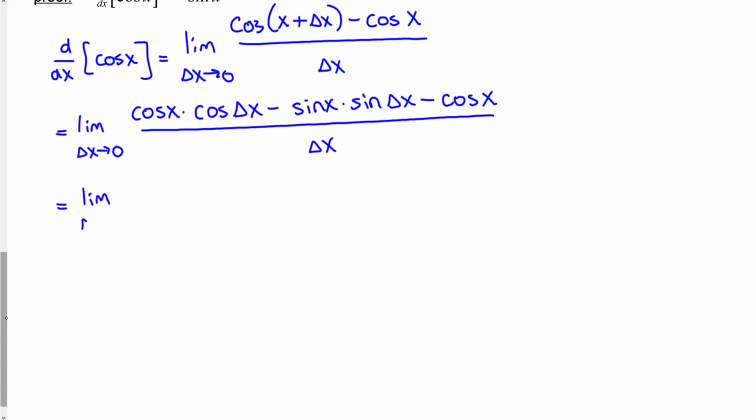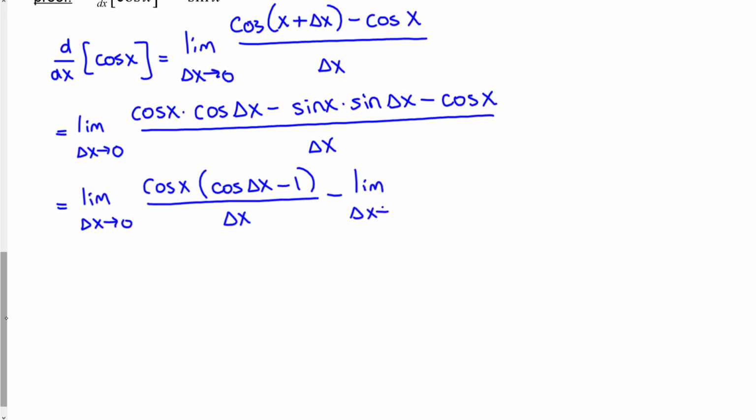So limit delta x goes to 0. I would have cosine x times cosine delta x minus 1, and I'll go ahead and split these up, divided by delta x, then minus the limit as delta x goes to 0 of the sine x times sine delta x all over delta x.